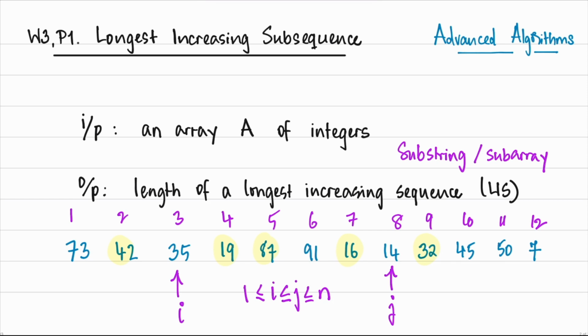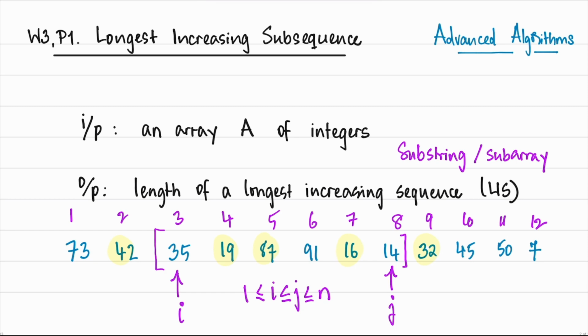So here we have an array that has 12 elements. Then pick any pair of indices, the first at most the second, and that will give you a subarray. So here this would be the subarray that starts at 35, includes the elements 35, 19, 87, 91, 16 and 14. It goes all the way up to there and ends at the 8th element.